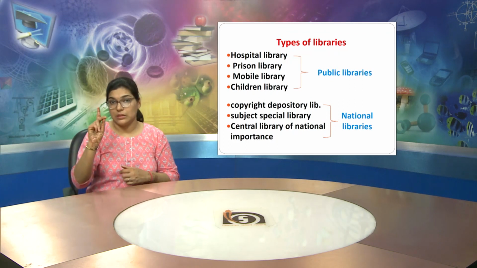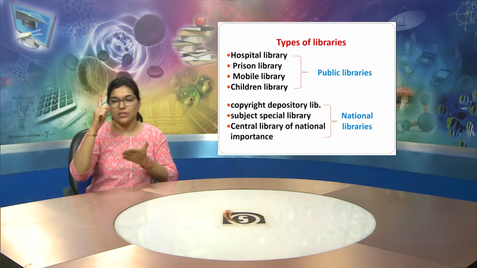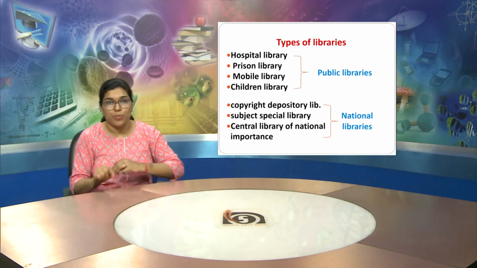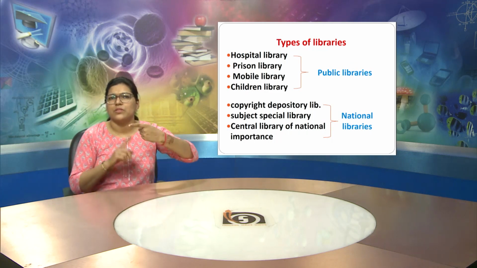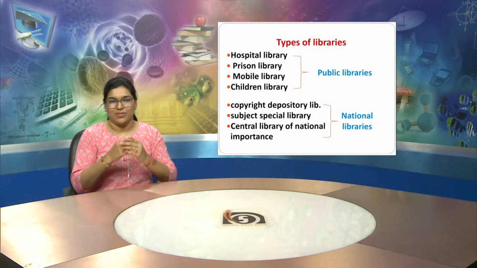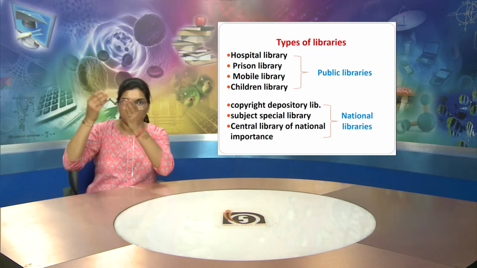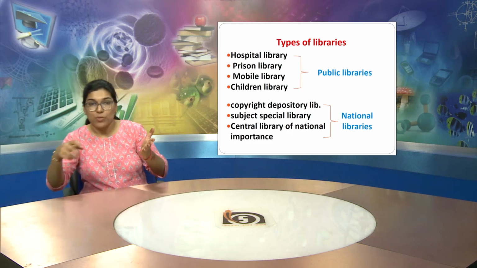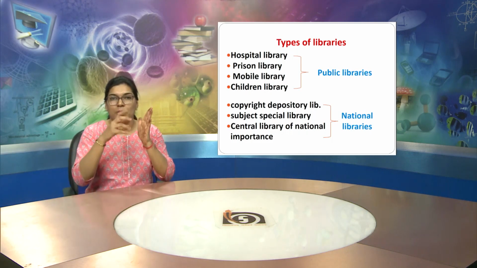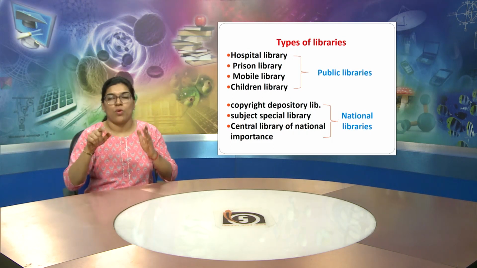And the second type of library which we will discuss here is national libraries. National libraries have mainly 3 different types. The first is the copyright depository library.